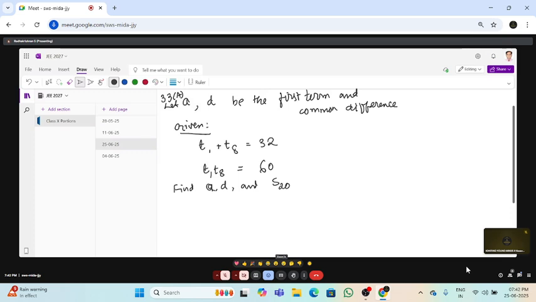Okay, so I see only Adila and Prasanna Devi now, right? I see that Divya Darshini is also missing now. Adila says, is it 800? So what is 800? The sum to 20 terms. What is A and D? Did you find out A and D?